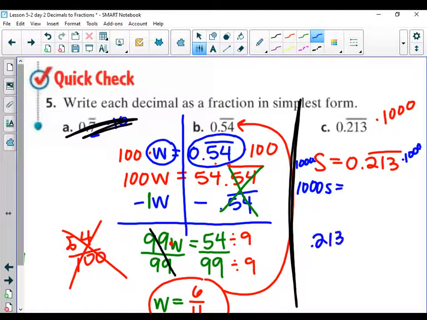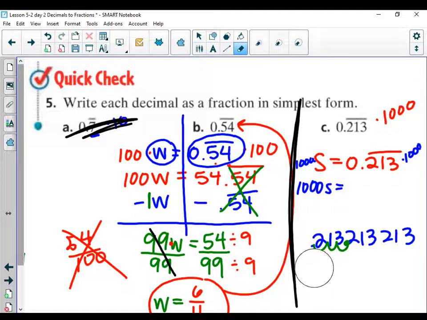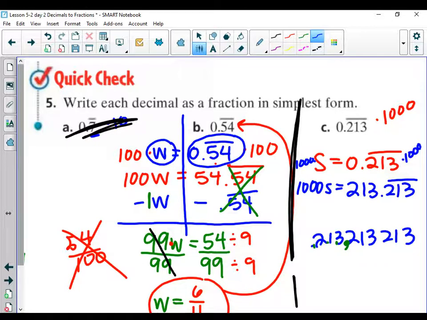When you multiply by 1,000, your decimal jumps 3 times. Now you have a whole number here in front. 213.213 repeating.